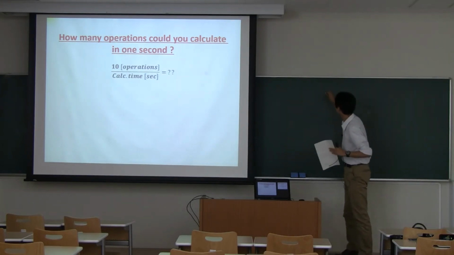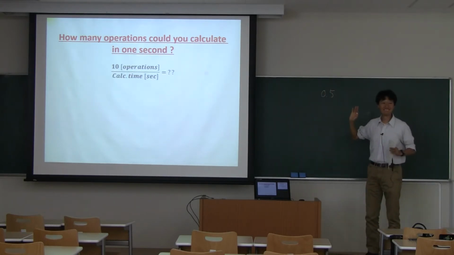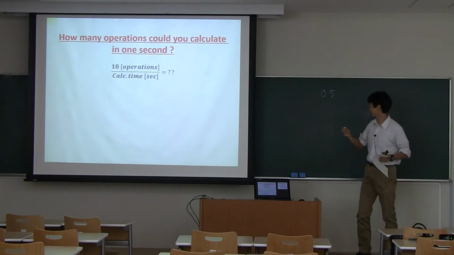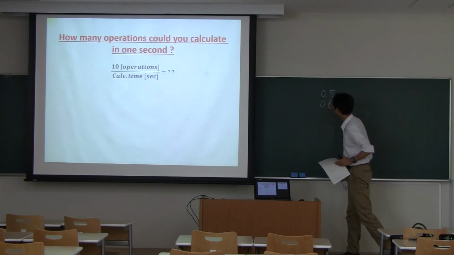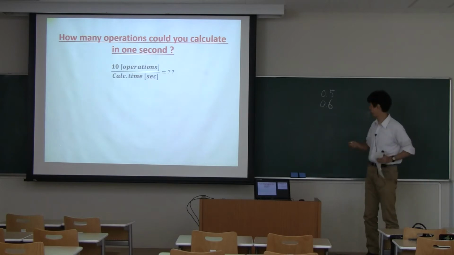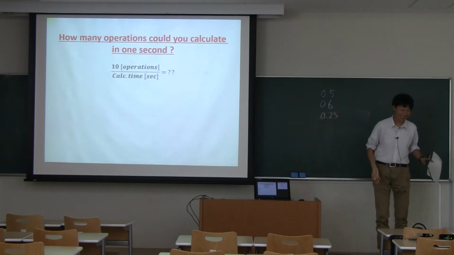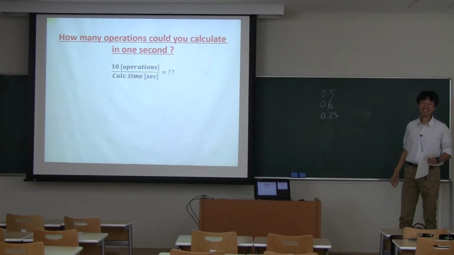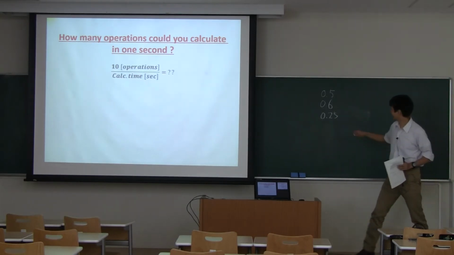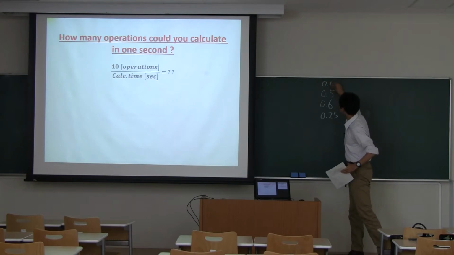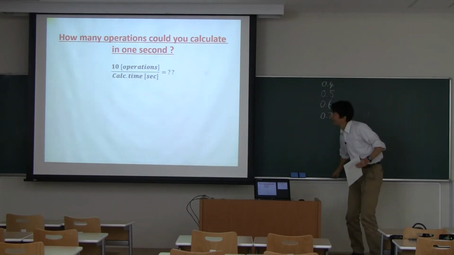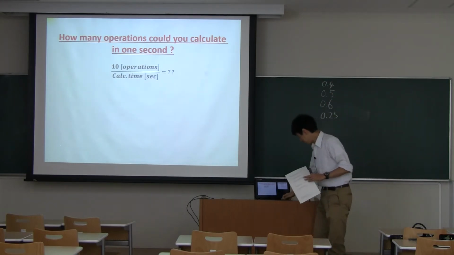Good score. 0.6. Wow. 0.25. 0.5. Not too bad. That's 0.4. 2.4. Yes. Good.